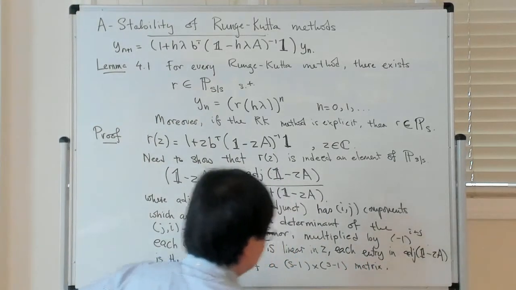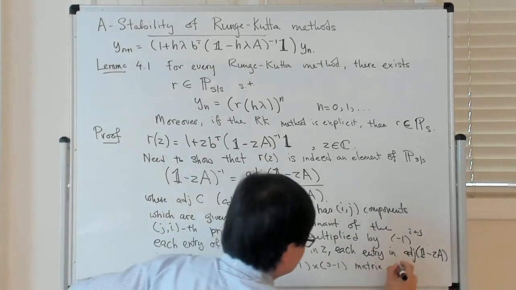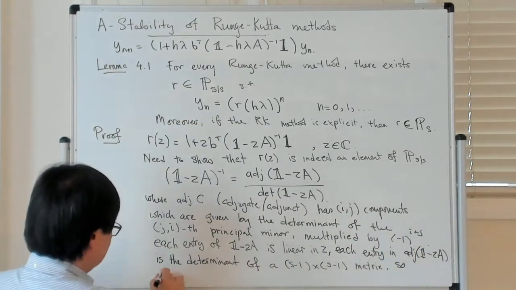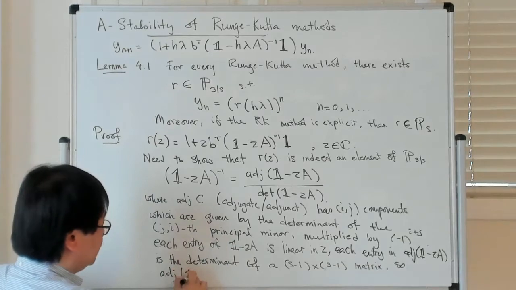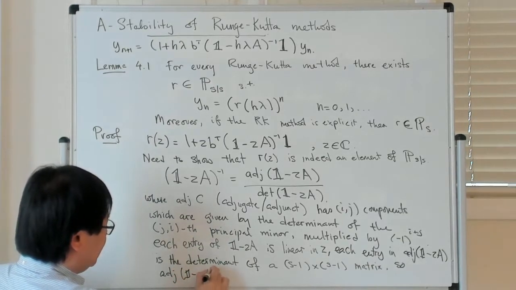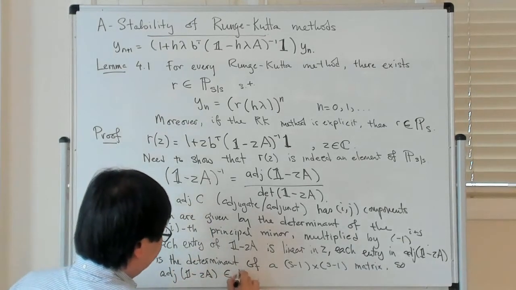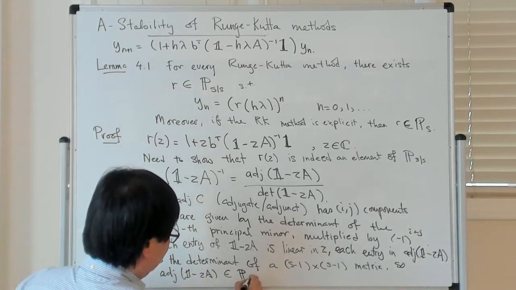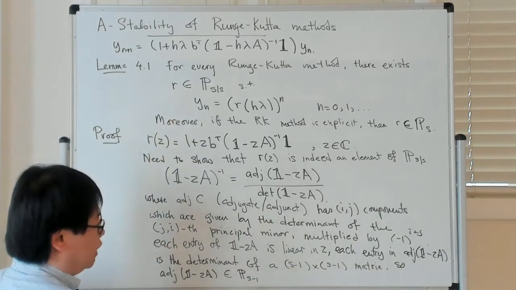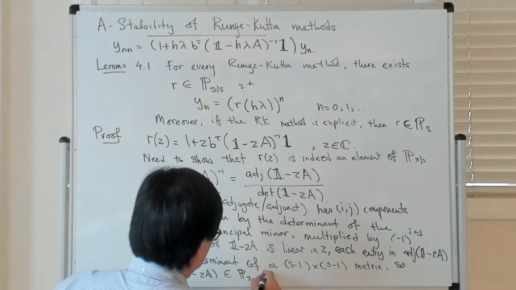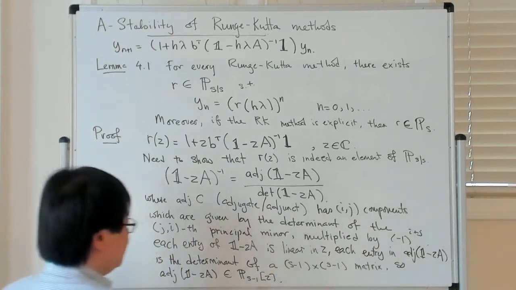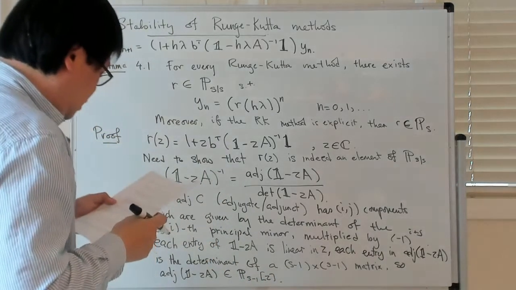So each entry in the adjugate of this matrix I minus zA is the determinant of an s minus 1 by s minus 1 matrix. That means that this adjugate of the identity minus zA is an element of the polynomials of degree up to s minus 1 in z, if you will. Okay, all right.